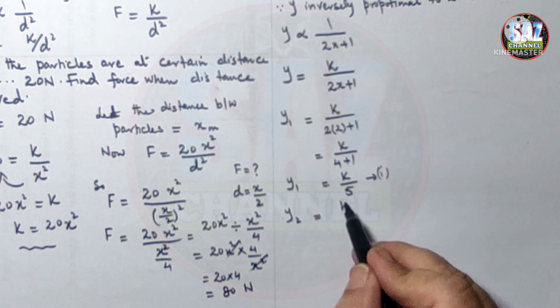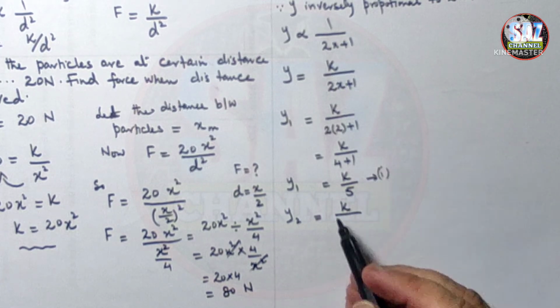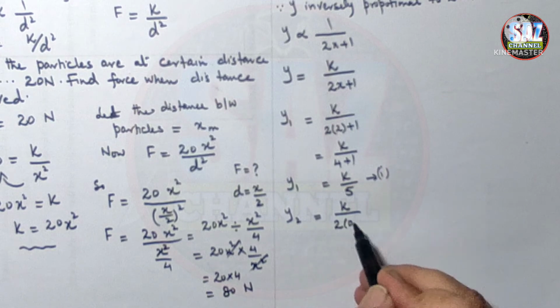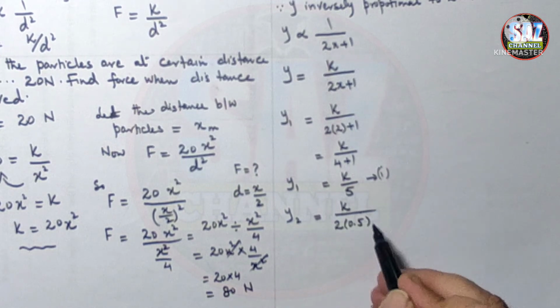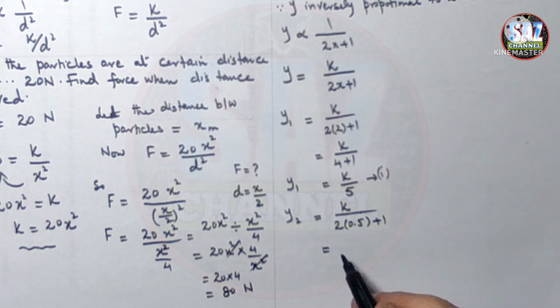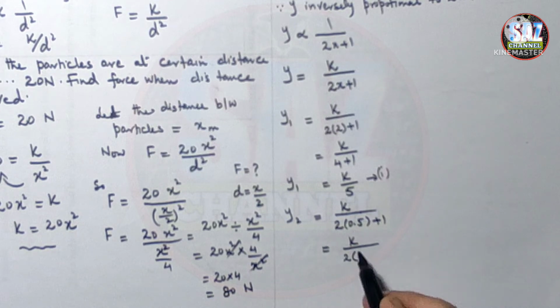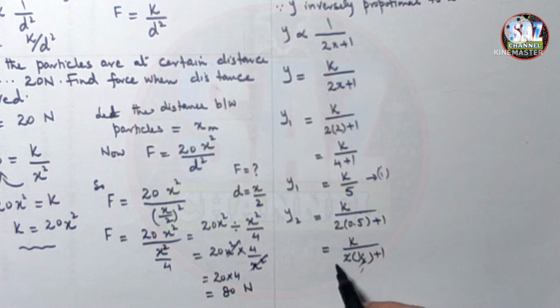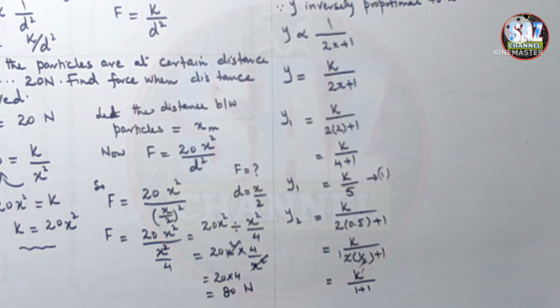K upon 2x plus 1, 2 into 0.5 plus 1. 0.5 means half. Let me perform the working here so that my students should not find any difficulty. This goes with this, k over 1 plus 1, so y2 equals k over 2.